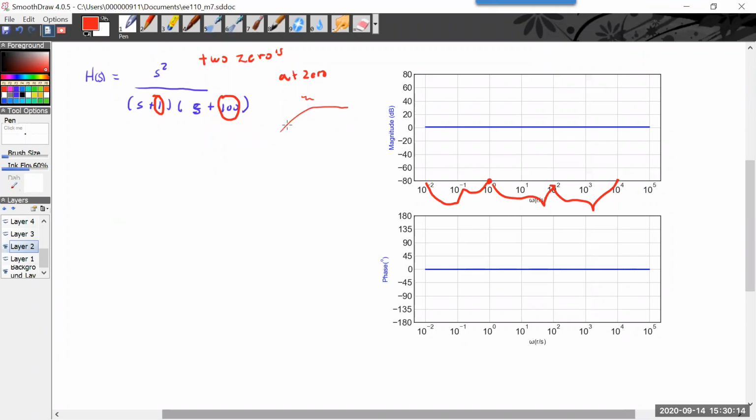So omega a lot less than 1: we have S squared. S is a lot less than 1, so we're left with 1. It's a lot less than 100, so we're left with 100. So that's just S squared divided by 100, and this will be a plus 40 dB per decade slope.